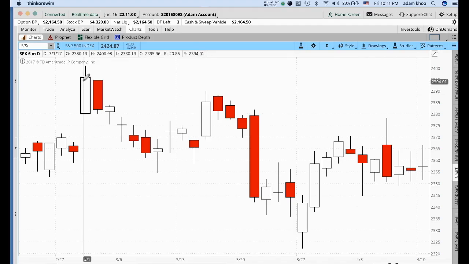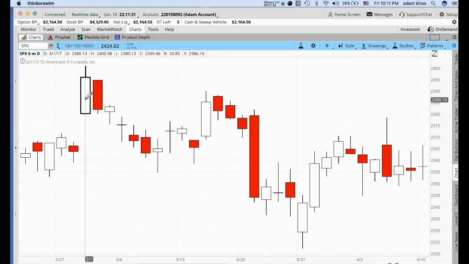So immediately when I touch this candle, it tells me the opening price is 2380.13. The high is 2400.98. The low is 2380.13. The close is 2395.96. Okay, so OHLC is open, high, low, and close.